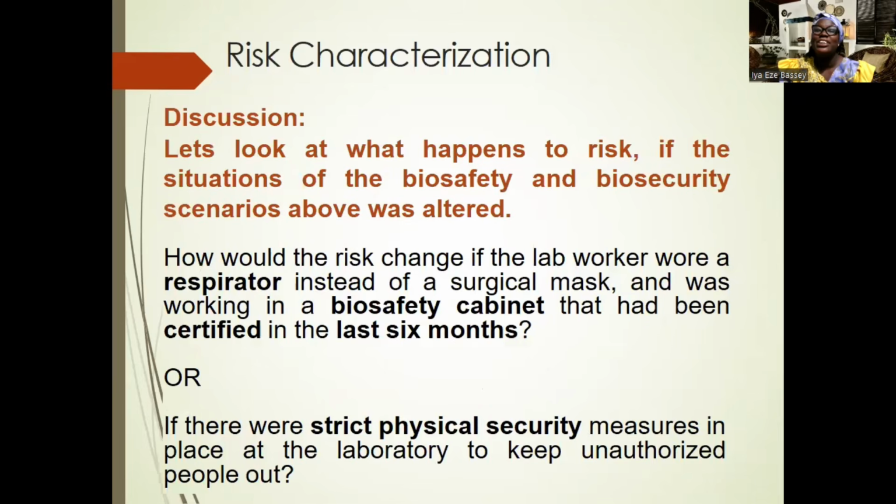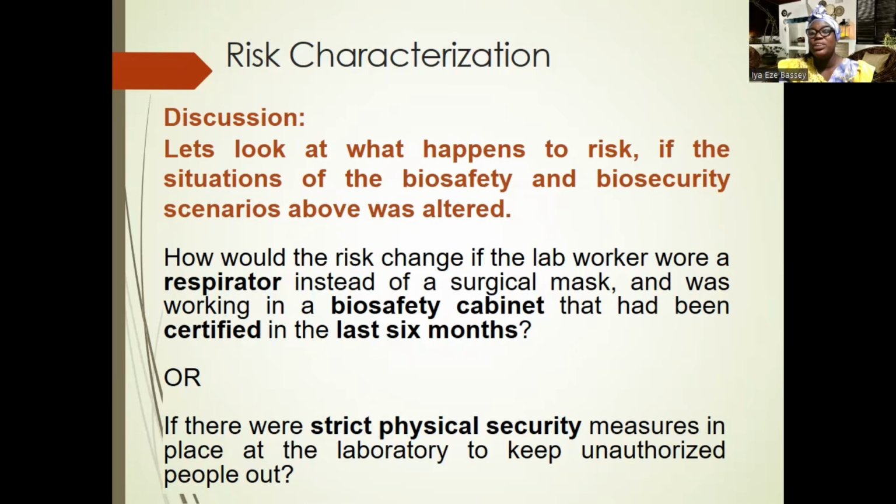Okay, let's look at that scenario again. Let's look at the biosafety scenario. Okay, let's look at what will happen to the risk if the situations in the biosafety and biosecurity scenarios that we have looked at were altered. For instance, for the biosafety scenario, how will the risk change if the lab worker wore a respirator instead of a surgical mask, and he was working in a biosafety cabinet that had been certified in the last 6 months?